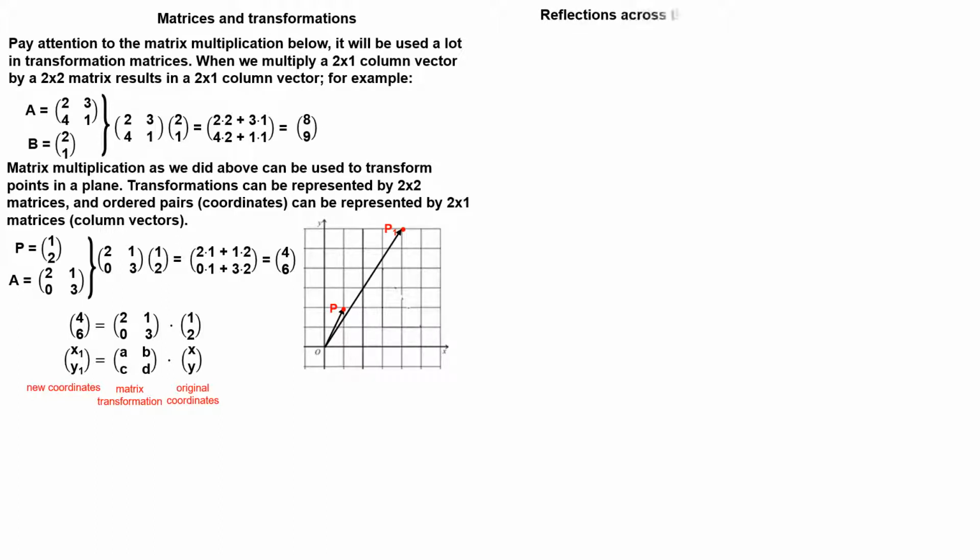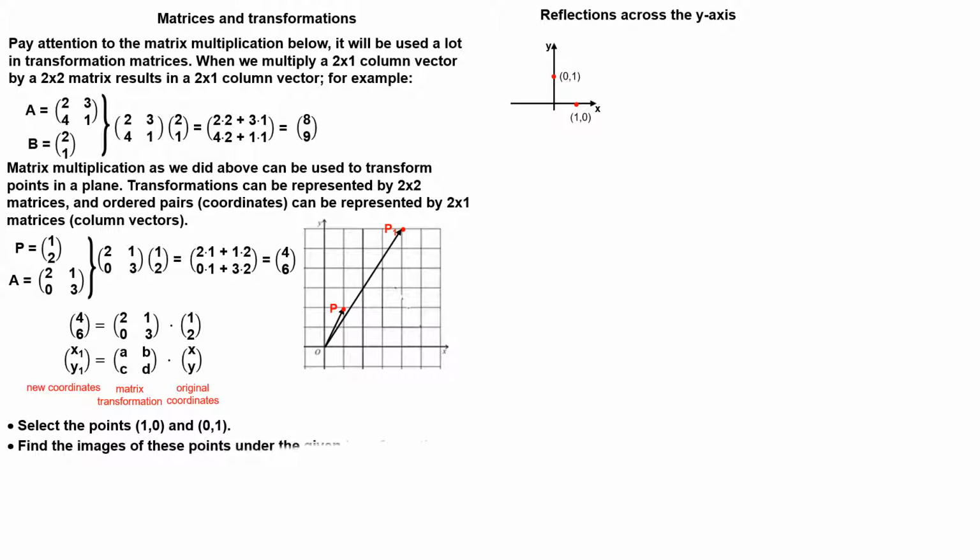Reflections across the y-axis. Select the points (1, 0) and (0, 1). Look at the diagram. Find the image of these points under the transformation you want. The y-coordinate remains unchanged, but the x-coordinate changes sign.